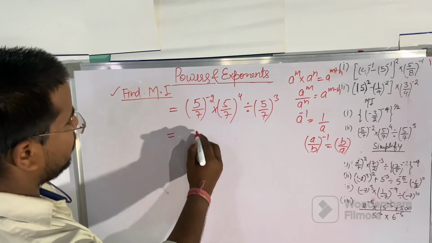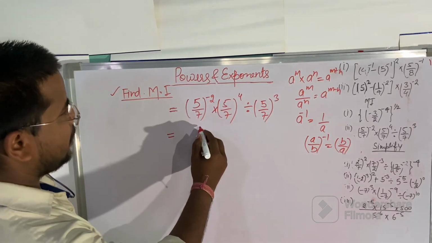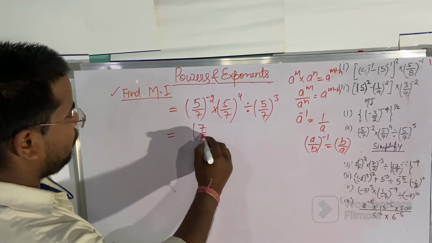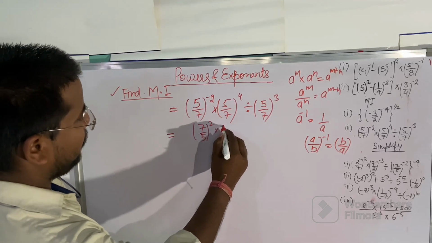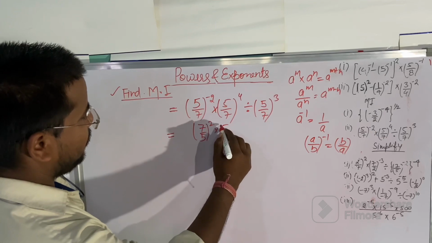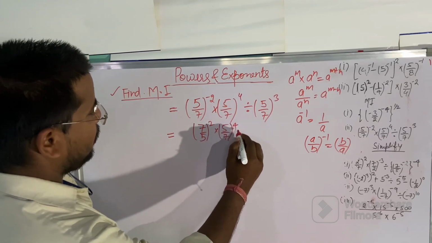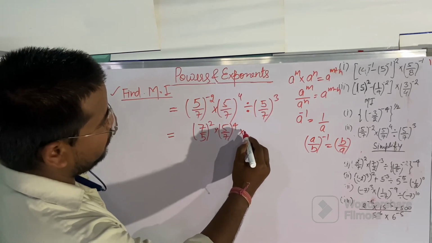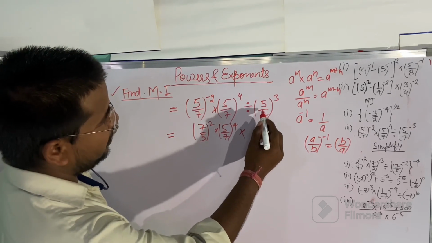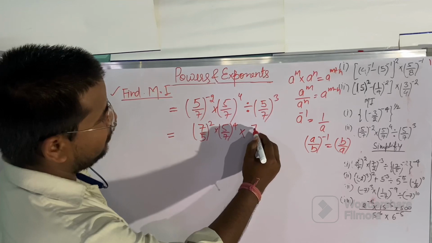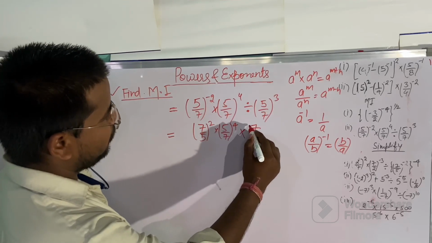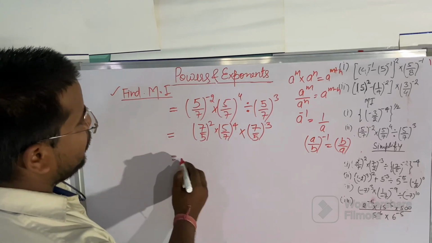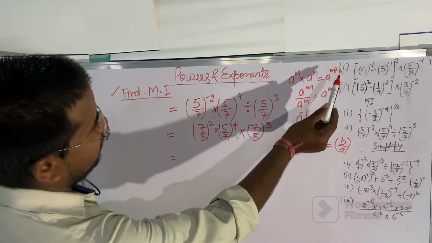So if I write that exponent positive, it becomes 7 by 5 to the power 2 multiply 5 by 7 to the power 4, and the division sign is changed into multiplication if I take the reciprocal of that fraction. So 5 by 7 becomes 7 by 5 and its power is 3. Now if the bases are the same, the powers are added.